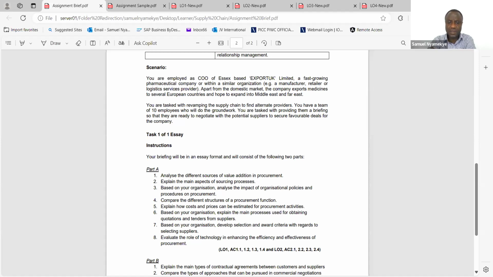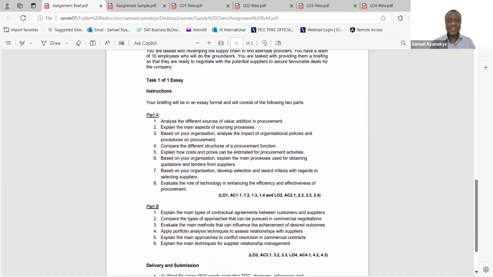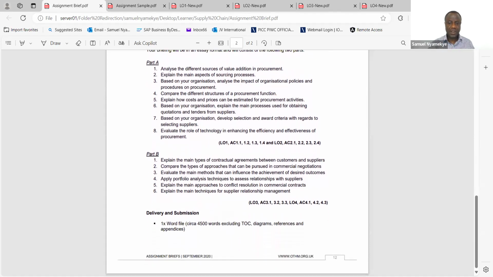So it's important to note that these have been structured in such a way that if you look at the learning outcomes from the first 2 lessons, you should have enough information to do that. Then we also have part B, which looks at learning outcome 3, then learning outcome 4.